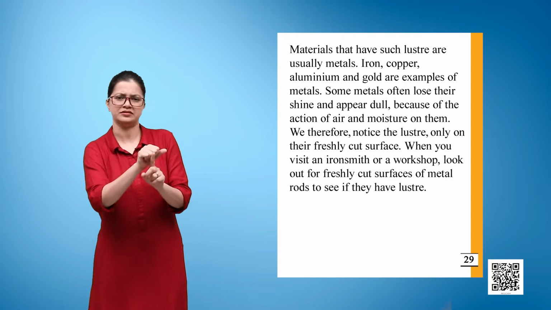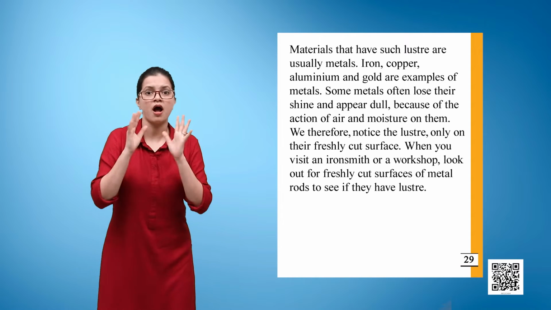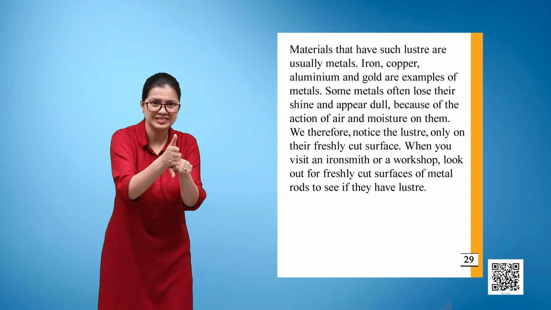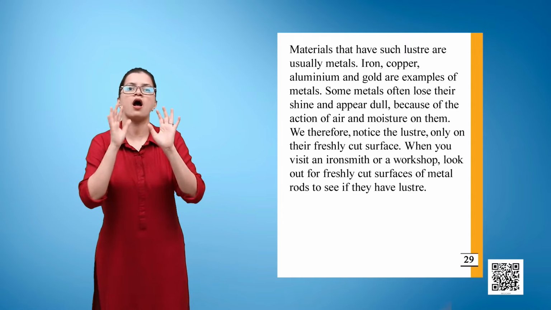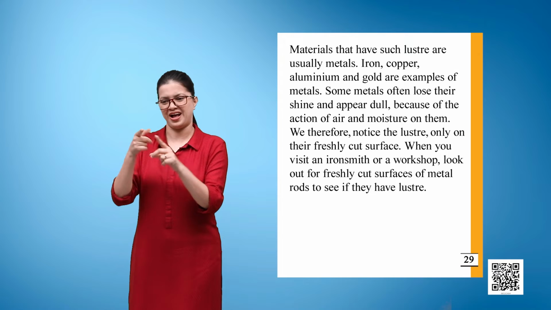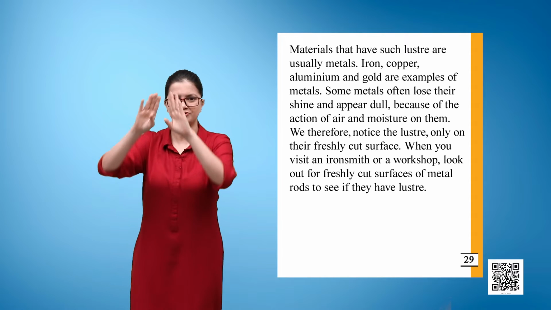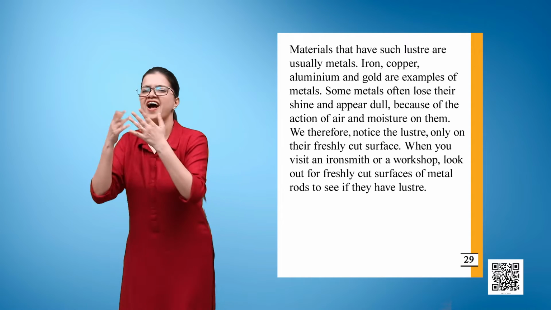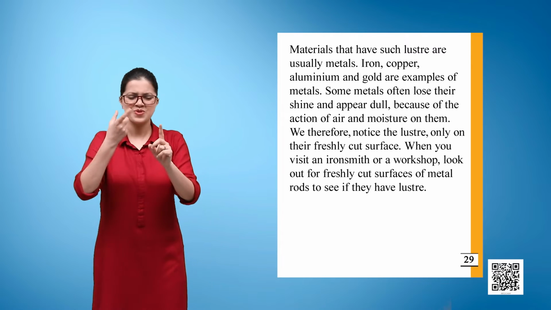We therefore notice the luster only on their freshly cut surface. When you visit an ironsmith or a workshop, look out for freshly cut surfaces of metal rods to see if they have luster.